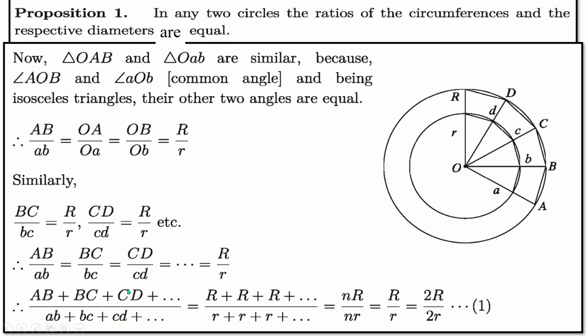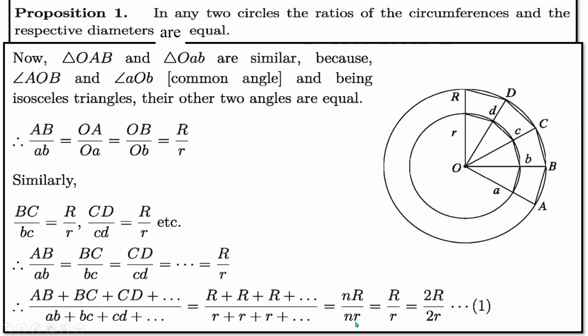And if the ratios are equal, after adding the numerators and adding the denominators, this equals R plus R plus R over small r plus small r plus small r.